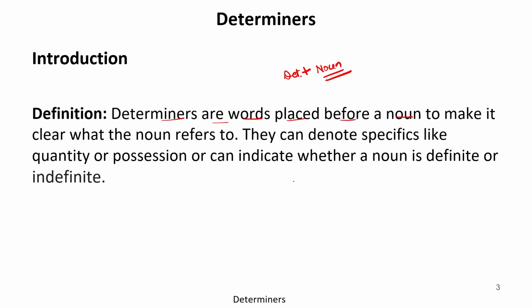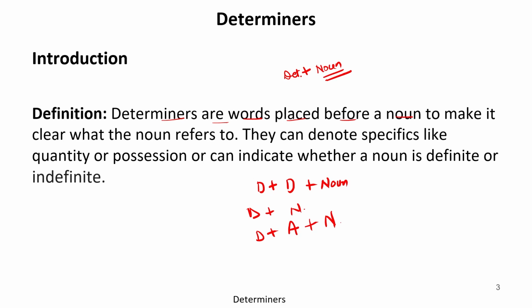But there can be a few more combinations. How? We can have determiner, then noun. We can also have a combination of determiner plus adjective plus noun. So we can have several combinations in which we can have determiner, then adjective, then noun.